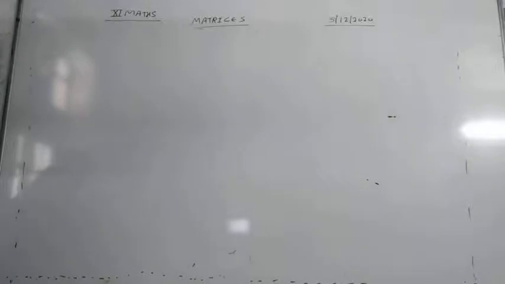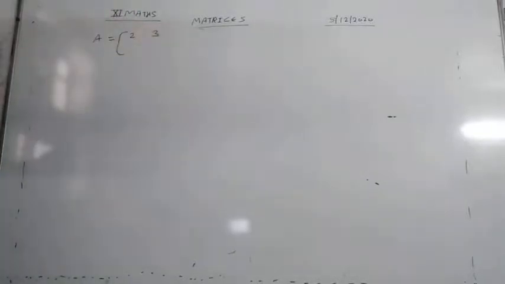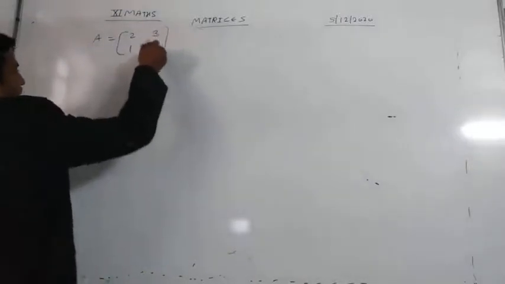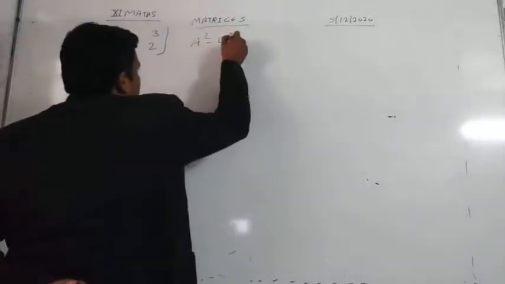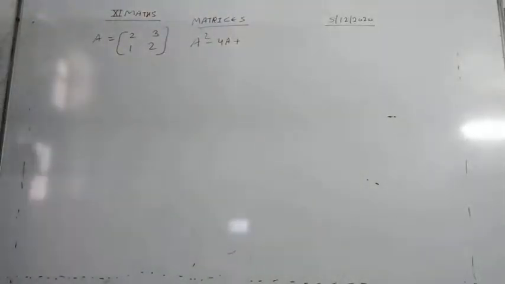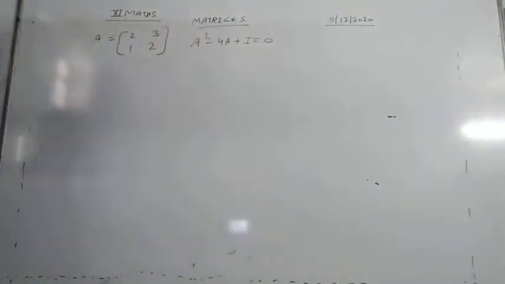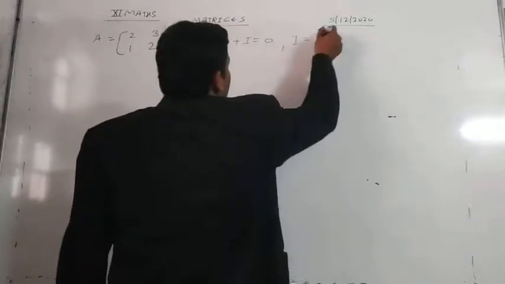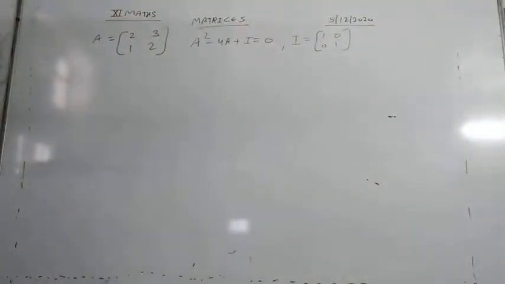Now I will see the next question, students. Our next question is: the matrix A is equal to 2, 3, 1, 2, and it satisfies the equation A square minus 4A plus I is equal to 0, where I is the 2 by 2 identity matrix, and O is the null matrix of order 2 by 2.